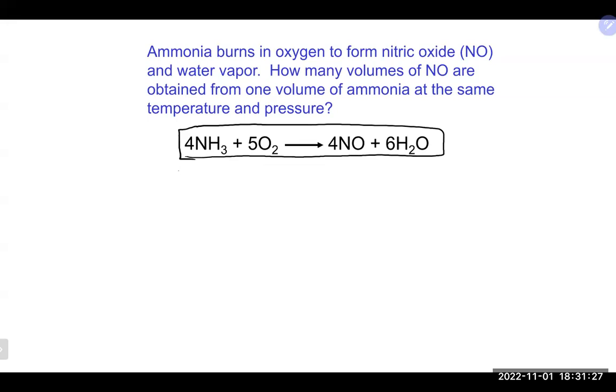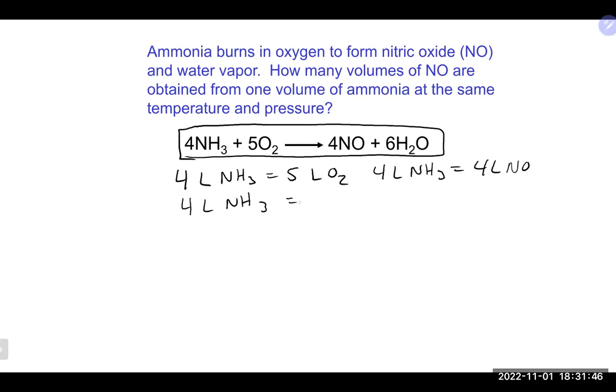We could say that there are 4 liters of NH3 for every 5 liters of O2. We could also say for every 4 liters of NH3, we get 4 liters of NO. For every 4 liters of NH3, we get 6 liters of H2O. And obviously you could do it for everybody there, just like you would do a mole to mole relationship.